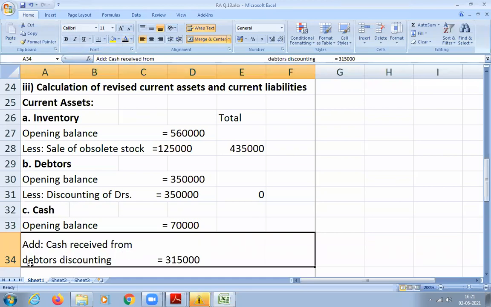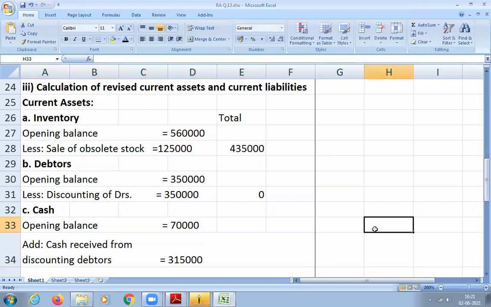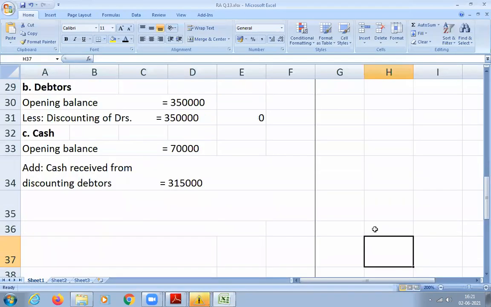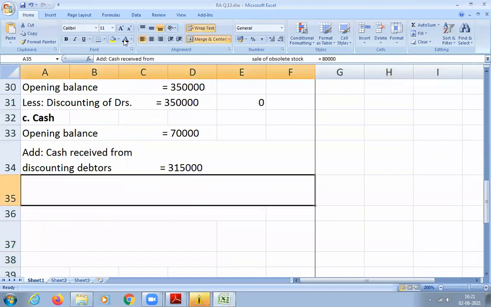So add cash received from discounting debtors, 3,15,000. Any other cash coming in or going out? Sale of stock, sir, 80,000. Cash is coming in, so add cash received from sale of obsolete stock, that is 80,000.